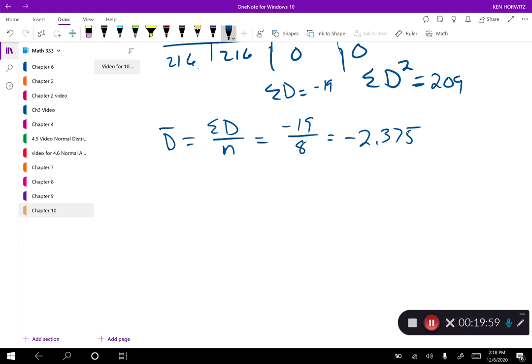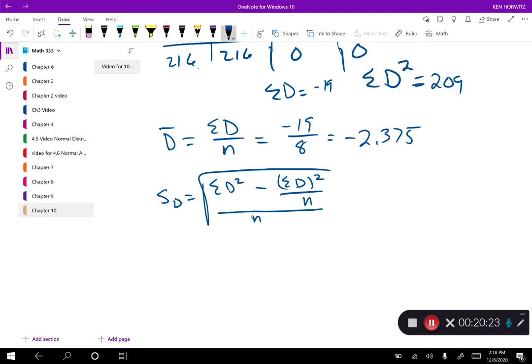Now we can go to the standard deviation of my differences. To recall the formula, it's the square root of the sum of the d squared, which we got before, minus the sum of the d's squared, divided by our sample size, all divided by n minus 1.